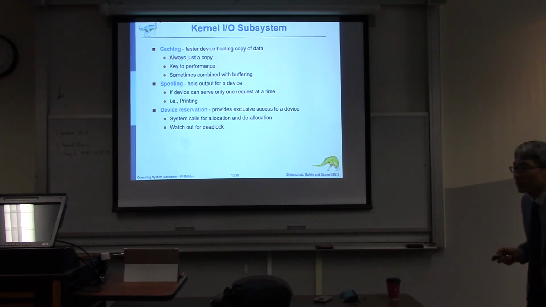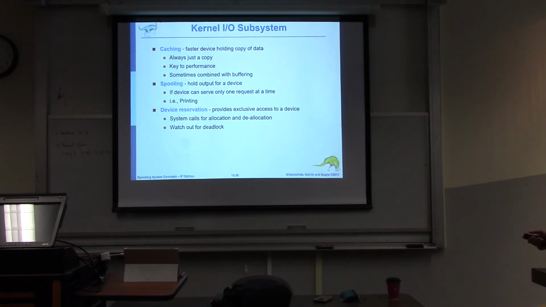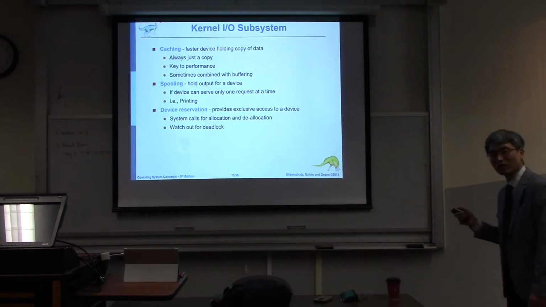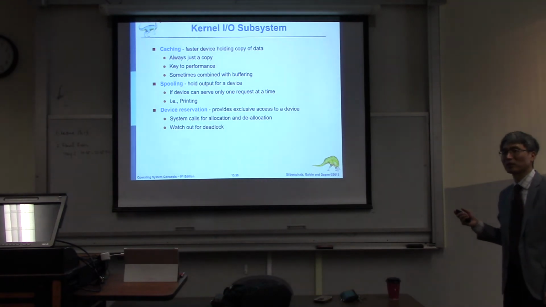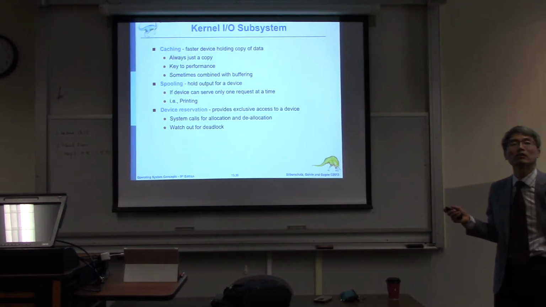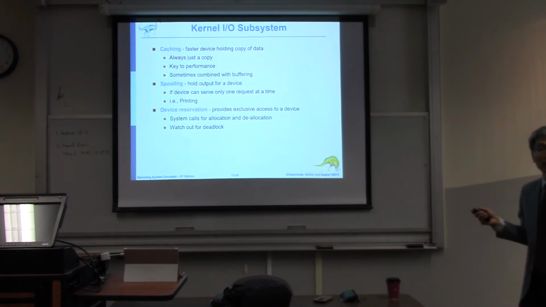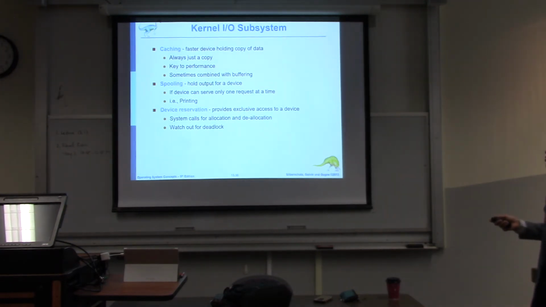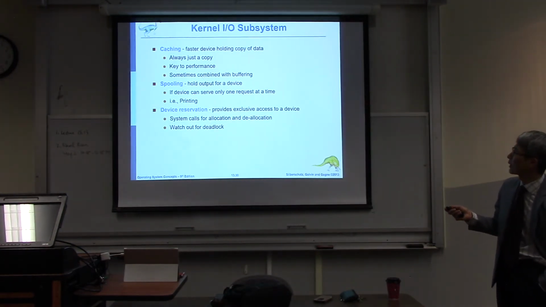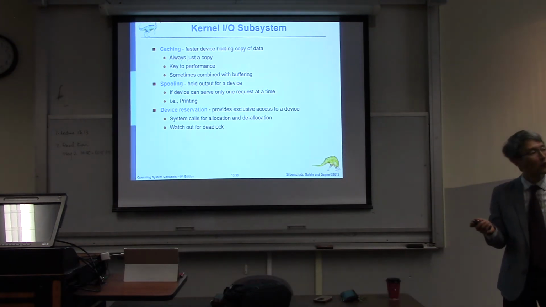And the kernel I/O system provides other data structures for better performance and other reasons, like caching. I mentioned many times the importance of caching to speed up the processing in any computer system. But by the way, before the caching and buffer, what is a buffer?